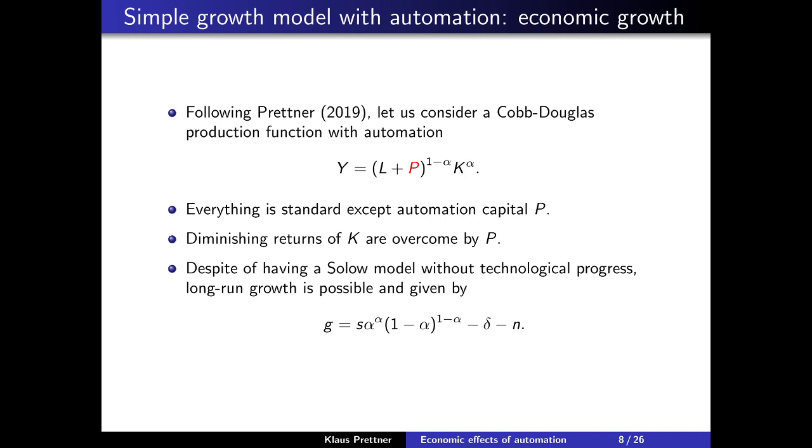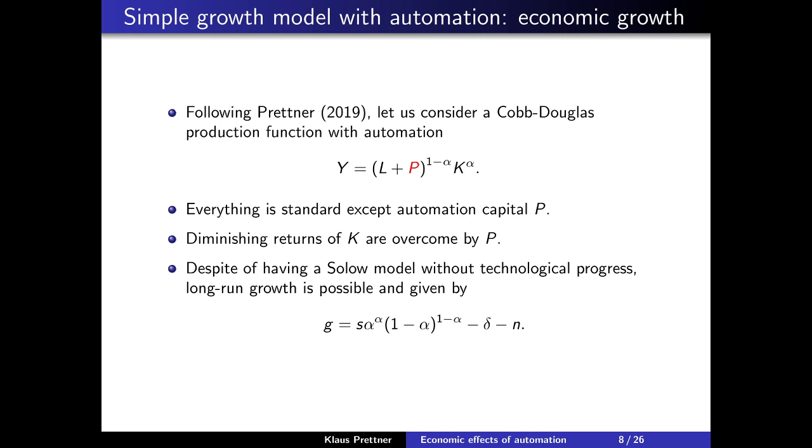So if one solves for the long run growth rate of such an extended Solow model, then one does not get the standard solution that without technological progress, economic growth is necessarily zero. Instead, there are two different equilibria.